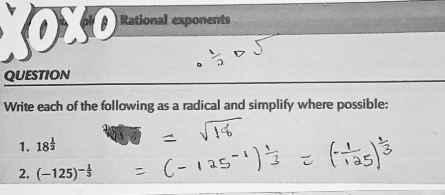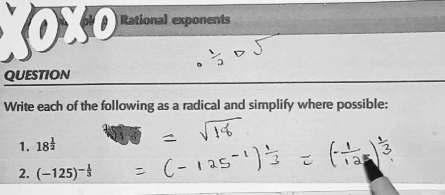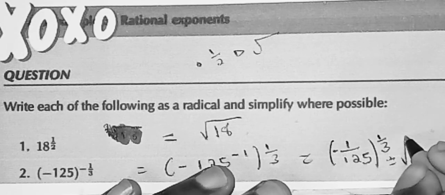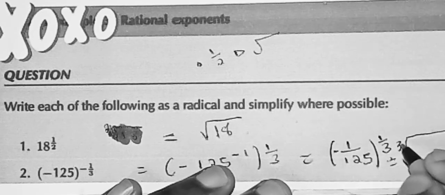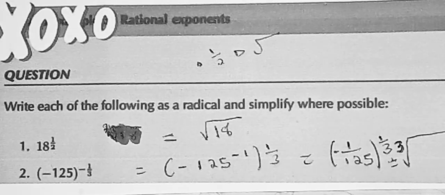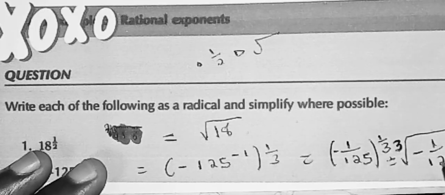What is next? The 3 has to be the degree, and the invisible 1 will be inside a square root. So you write it like this, and then you put a 3 here, which is actually the degree, and then negative 1/25.